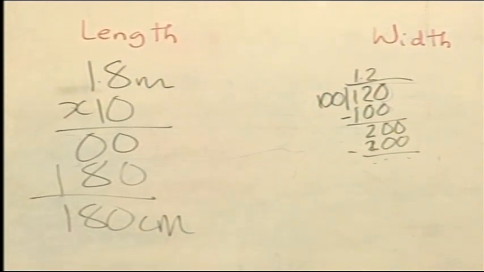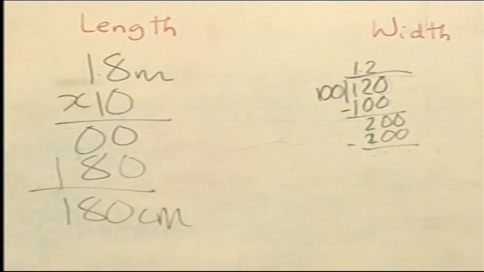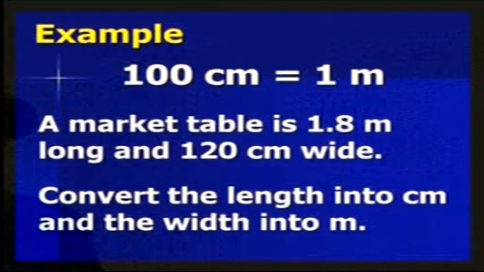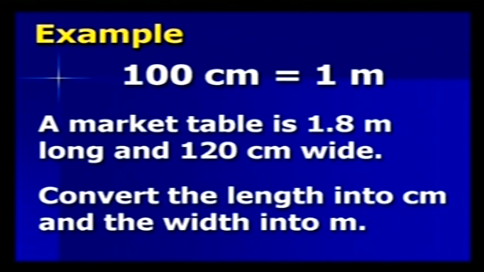Okay, we are trying to convert meters to centimeters, yes? All right, the market table, the length is 1.8 meters. And you're trying to convert 1.8 meters to what? Centimeters, all right, the length into centimeters.